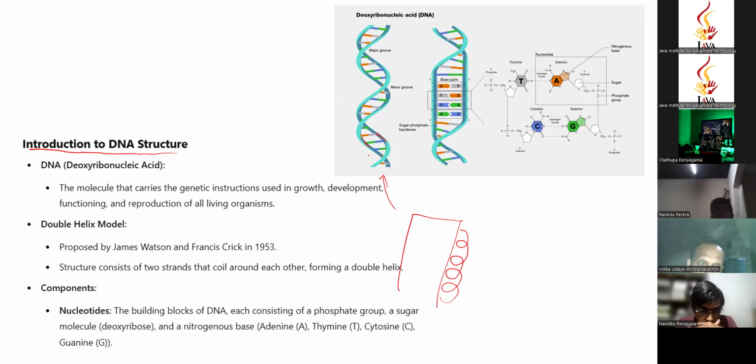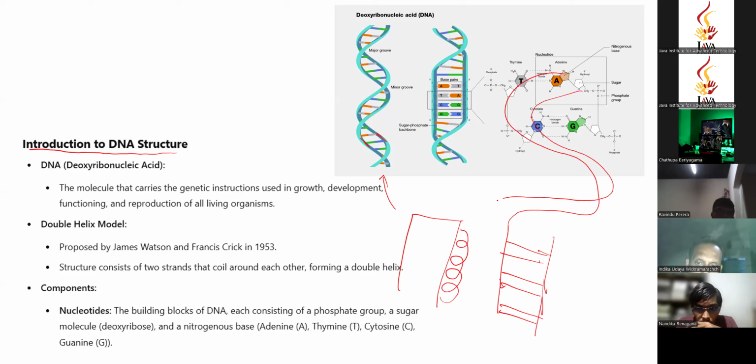Now you know what DNA looks like. If you take just a vertical part of your staircase, it's got steps like this. But each step here has two components, one on this side, another one on that side.